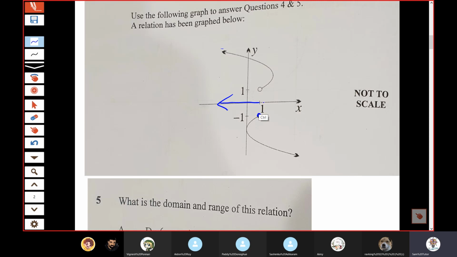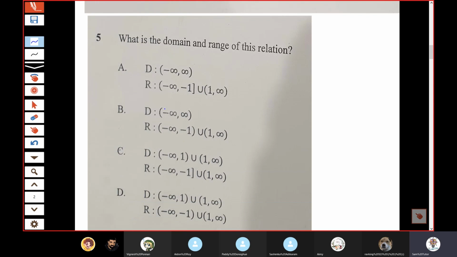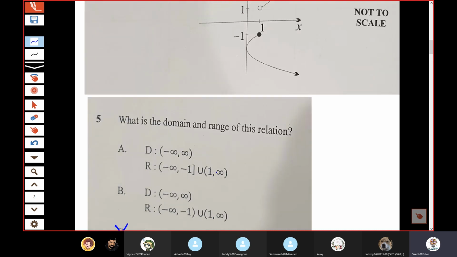So everything to the left at 1 works, and everything to the right also works because of this one here. So my domain is already going to be what? All real x. Yes, which is -infinity to infinity. So it's not C and it's not D. It's A or B. -infinity all the way to infinity.